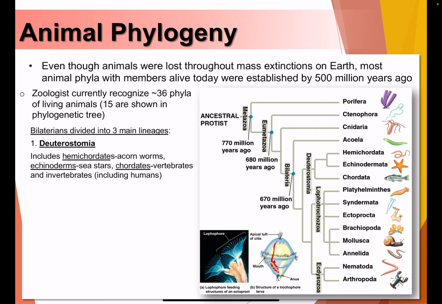Bilaterians are divided into three main lineages: Deuterostomia, Lophotrochozoa, and Ecdysozoa.